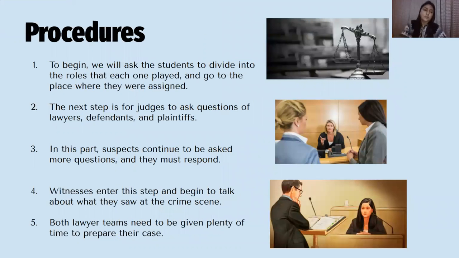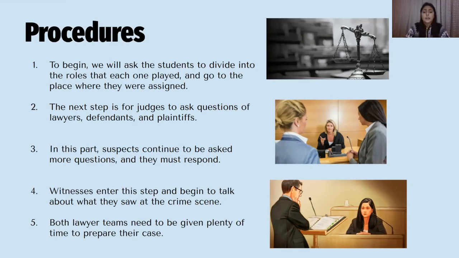Okay, the procedures. To begin, we will ask the students to debate the roles that each one played and go to the place where they were assigned. For example, the three judges must sit in front of the other people. The two lawyers sit on the left side with their clients, and the other two lawyers sit on the right side with their clients.